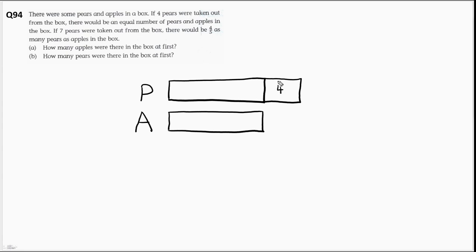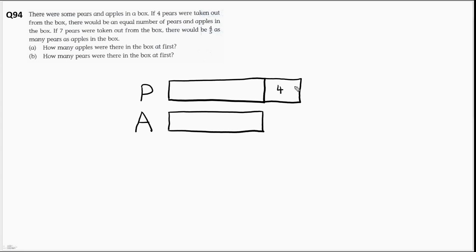All right, so let's see if this works. If this is the pears, and this is where pears and apples are equal, if 4 pears were taken out, if those are removed, they're an equal number. Yes, that works. This represents that. However, it also says if 7 pears were taken out from the box, there would be 4 fifths as many pears as apples.